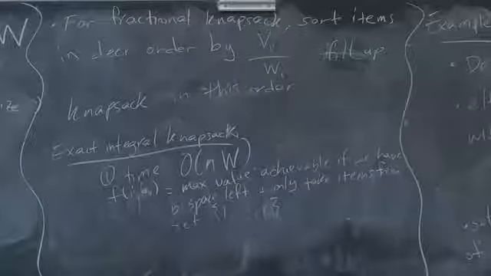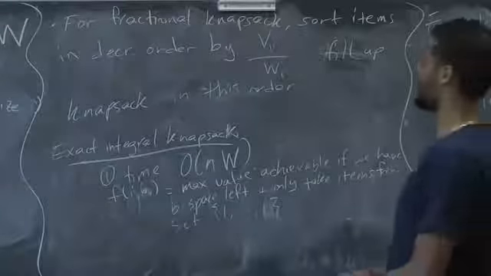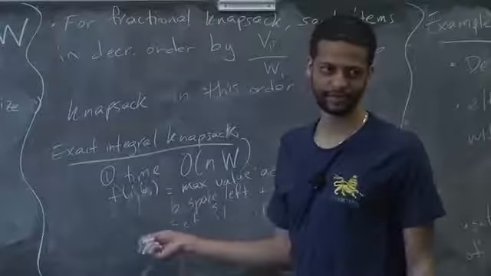So how do you get this? At the end of the day, what we want is f of n comma W.